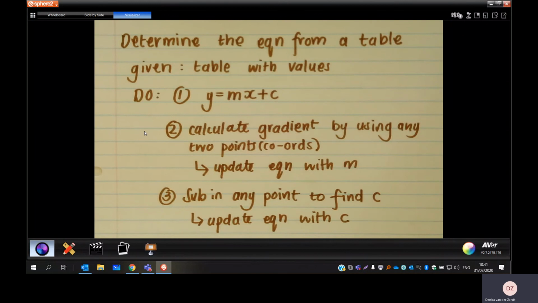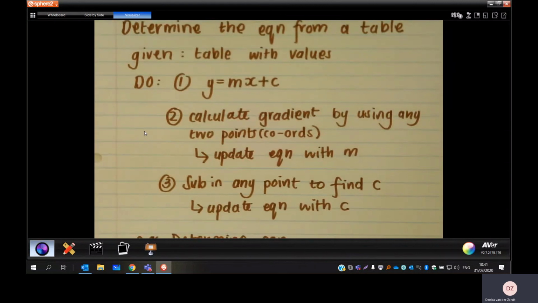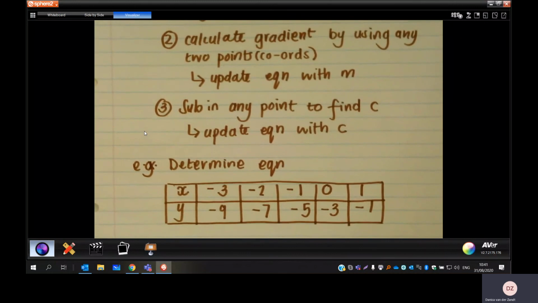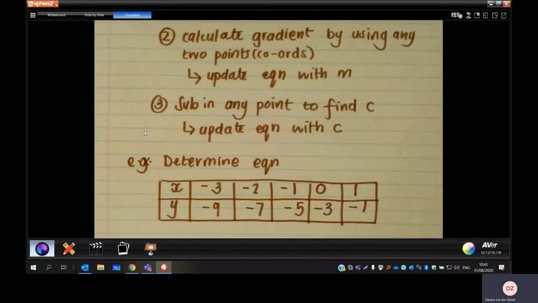So we're going to do one together, possibly even two together. And then the first thing we'll do tomorrow in class is you're going to practice one by yourself. Okay, so I want you to draw the table that I'm about to show you. Example: determine the equation, and that's the table I give you.